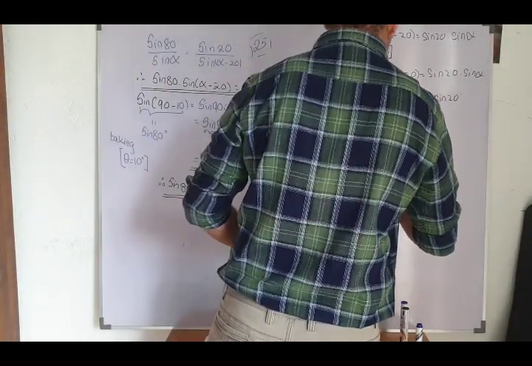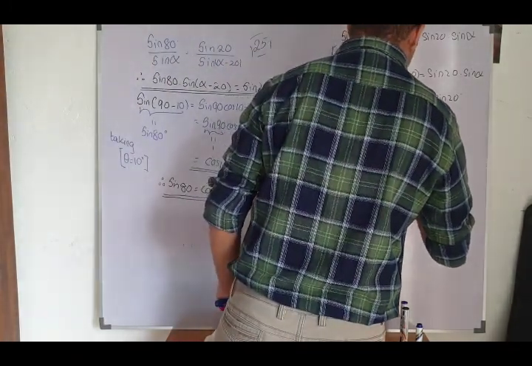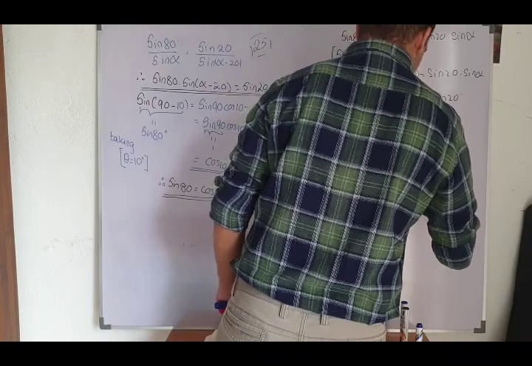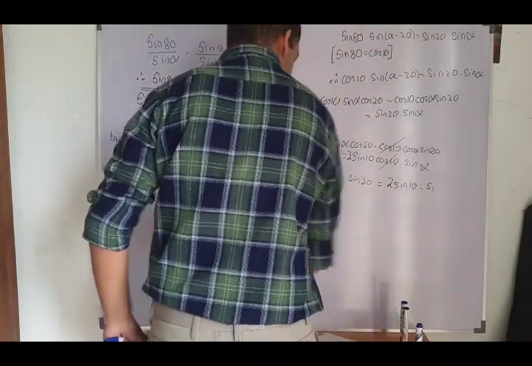So therefore this is equal to 2 sine 10 dot tan alpha.